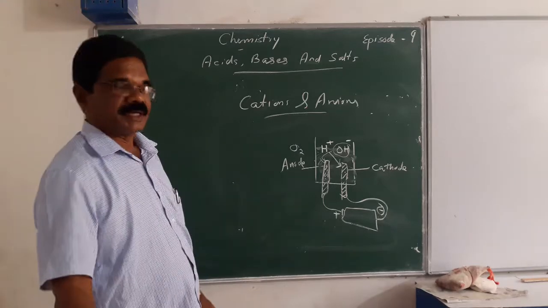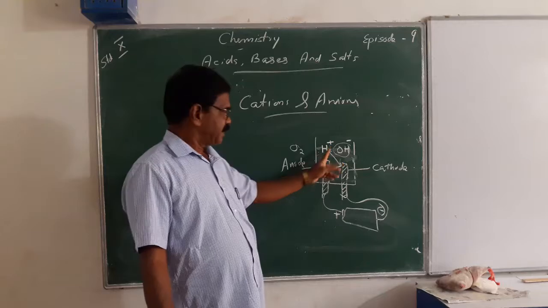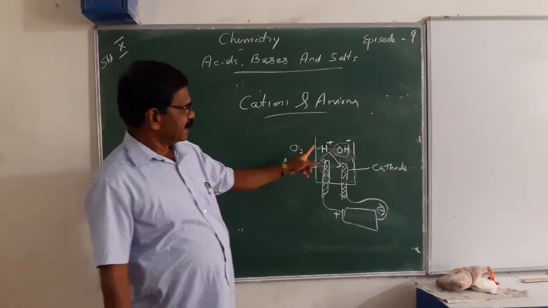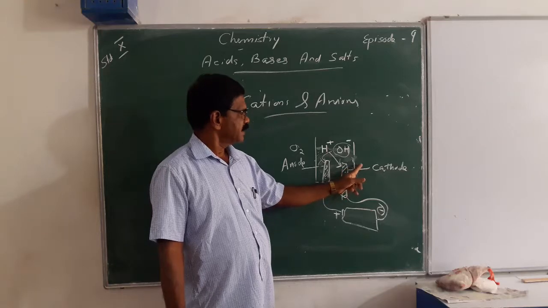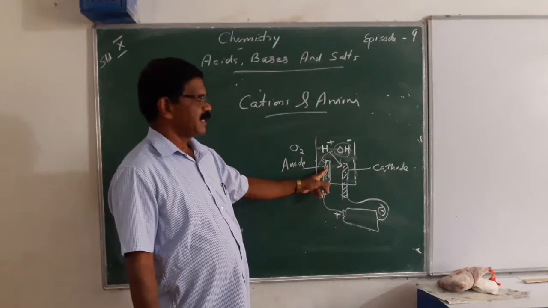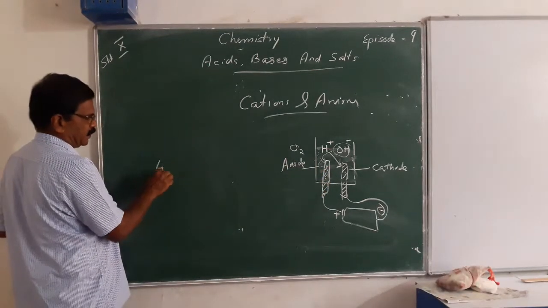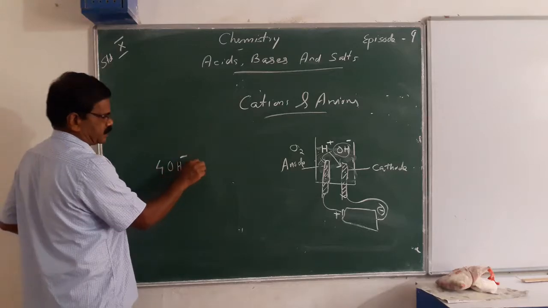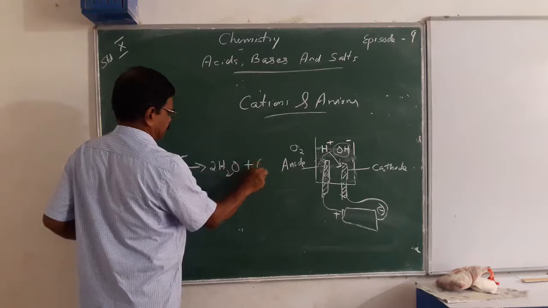We have come to know about cations and anions. That is our main point. Hydrogen came to the cathode and is liberated as hydrogen at the cathode. At the same time, hydroxide ions reach the anode and liberate oxygen. How is oxygen liberated? 4OH negative gives 2H2O plus O2.